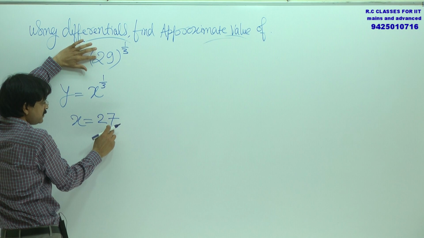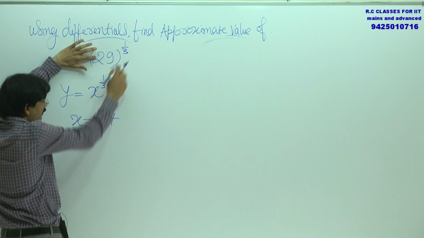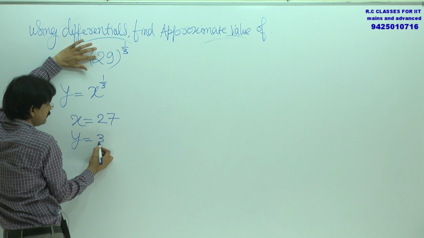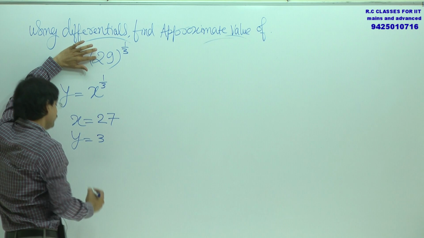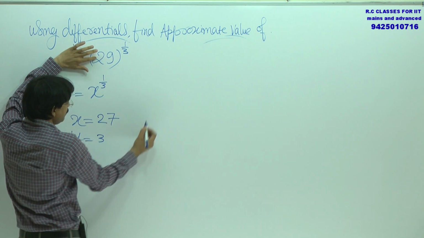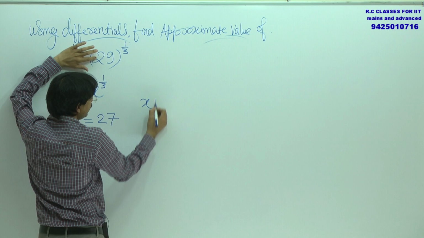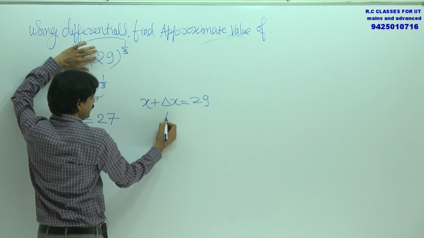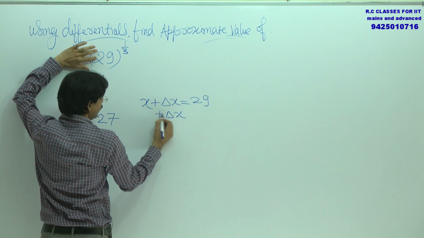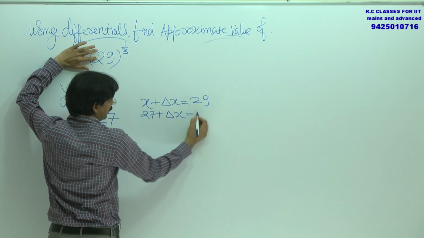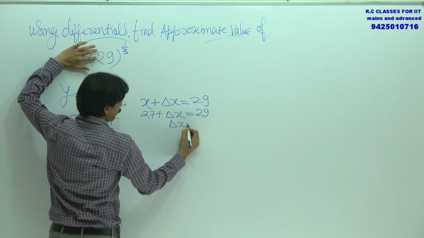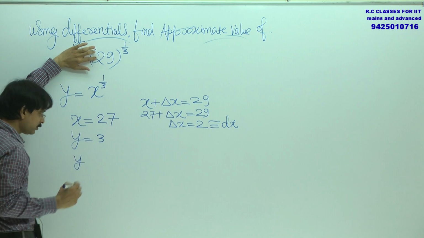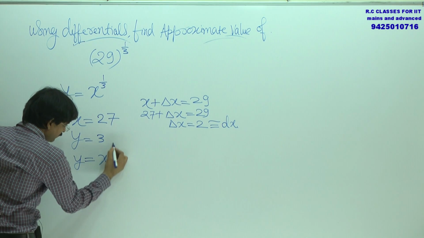So corresponding to x equals 27, when we take y, that will be equal to the cube root of 27, which is equal to 3. At the same time, we have to calculate 29. So x plus delta x is equal to 29. So delta x is going to be equal to 2, since we have taken x as 27. That delta x is clearly equivalent to dx, that we are always going to take. Y is equal to x raised to power 1 by 3.